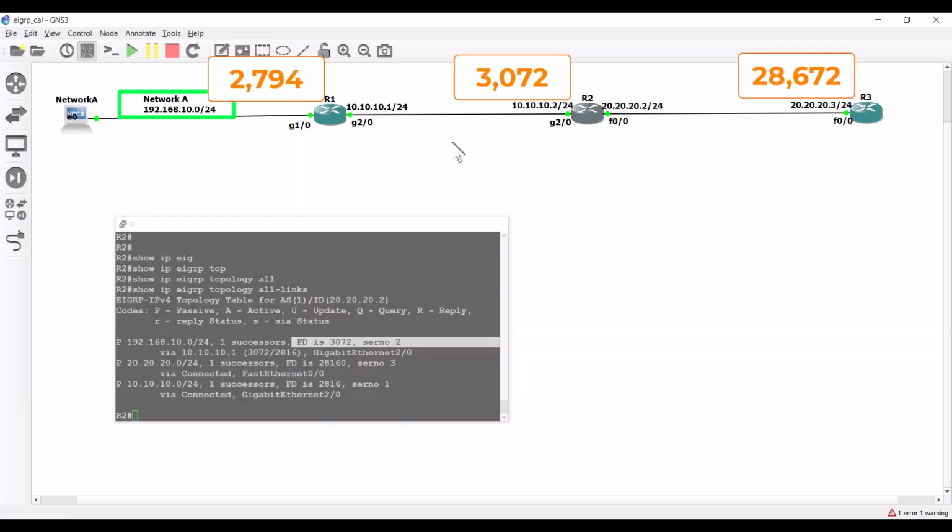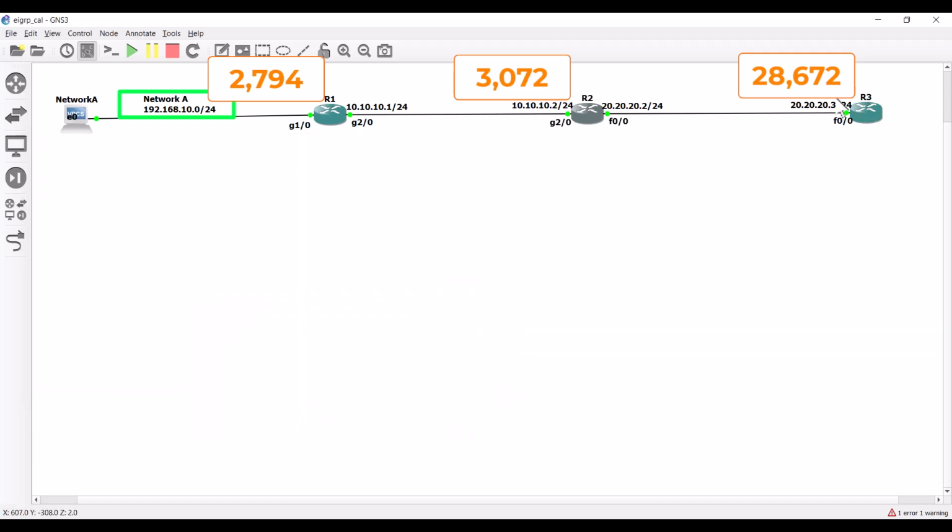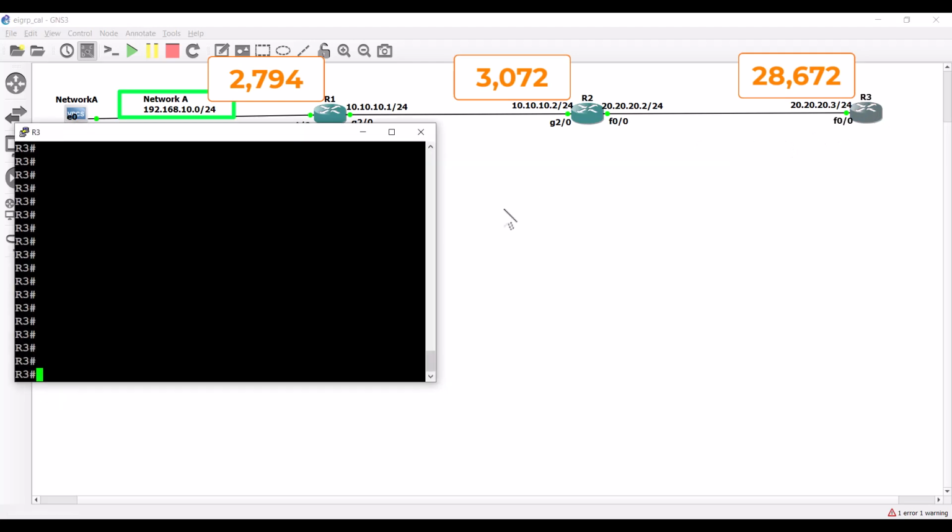And now it is time to test the answer for router 3. Right here, the interface is fast Ethernet. The metric number is supposed to be a bigger number because this is fast Ethernet. Way bigger because the bandwidth is smaller.